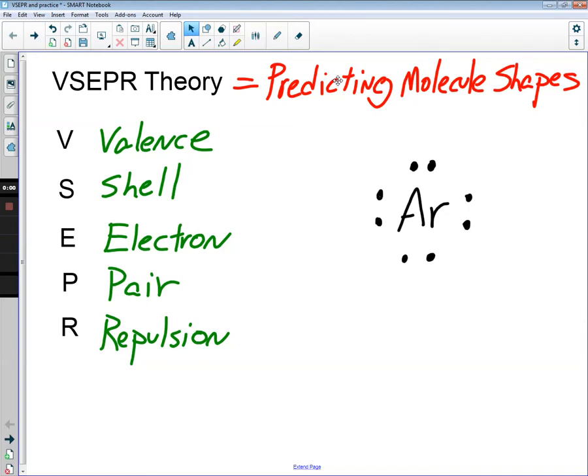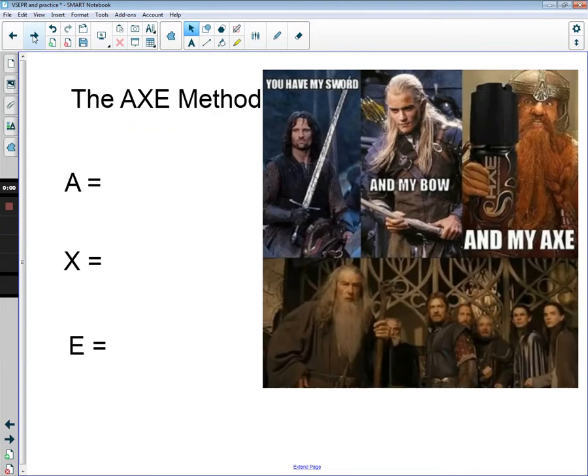And so the chart that I've handed you is something you're either going to hear referred to as a VSEPR chart or an AXE chart. Let's talk about what the AXE method is for predicting electron pairs. The A in AXE stands for the central atom.